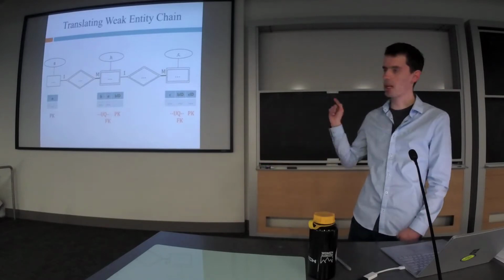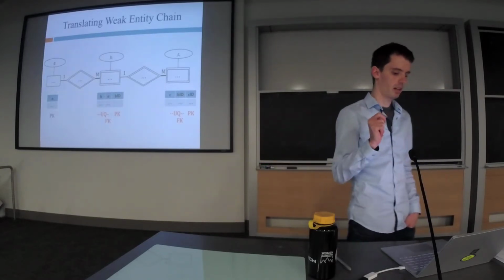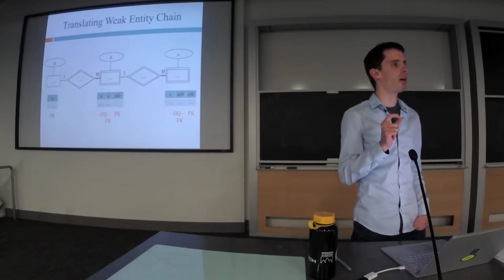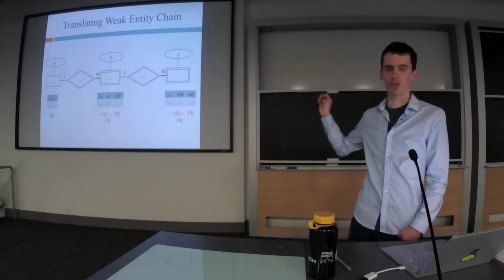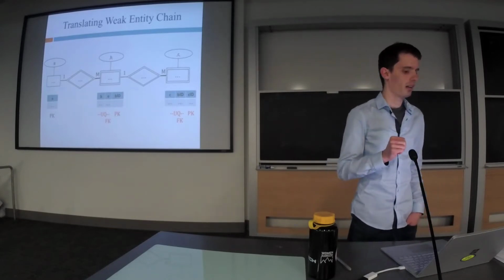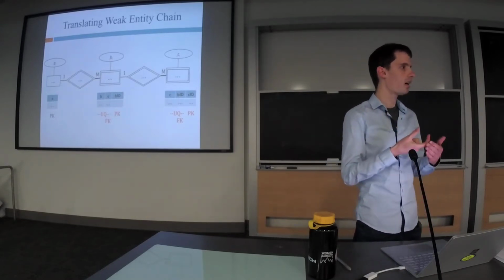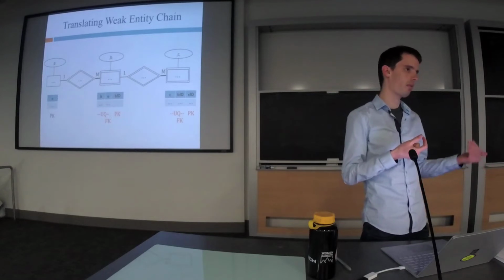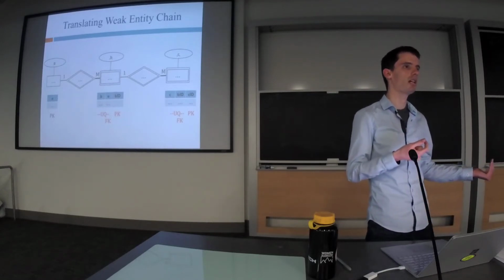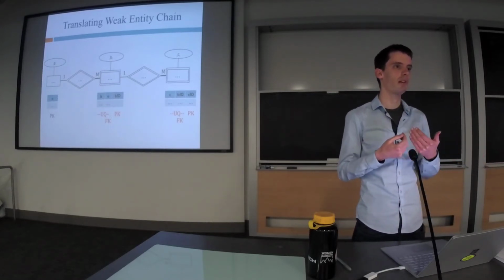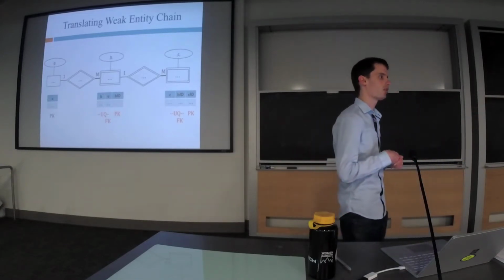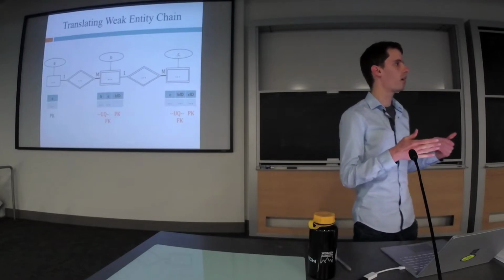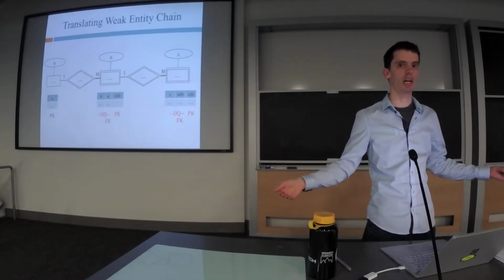I've only shown a chain of length 3 here, so it looks like the benefit is not that great. But if you keep going, say it was a chain of 10 or something, the single key that comes from the previous entity set in the chain is enough to uniquely identify, like represent the whole line in the chain. So the benefit pays off more and more the longer this chain gets.